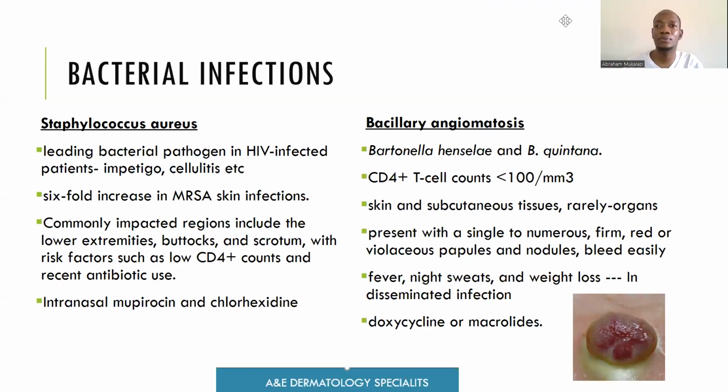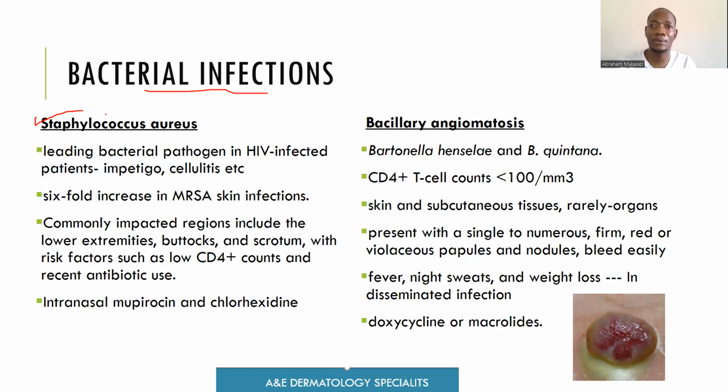So when you go past the viral infections, the bacterial infections can also be a menace in HIV. Being in an immunosuppressive state, even the bacteria are not well tolerated.